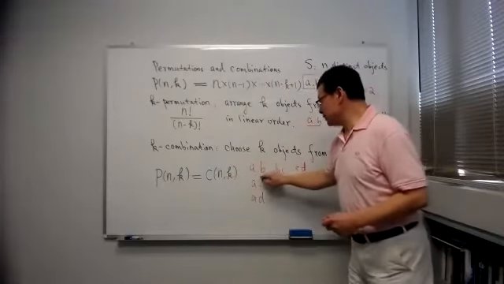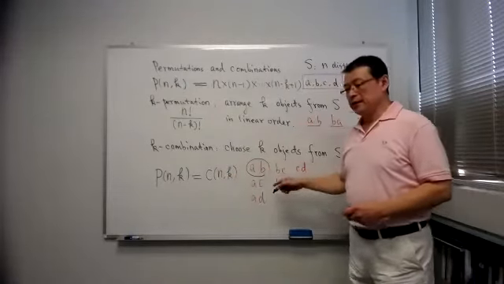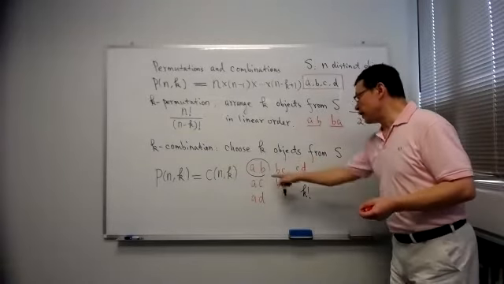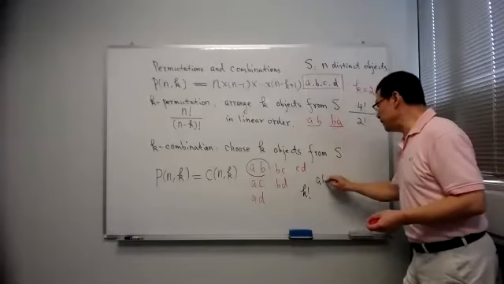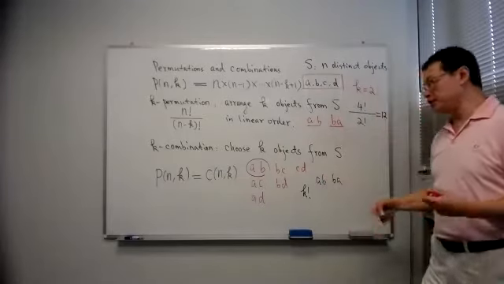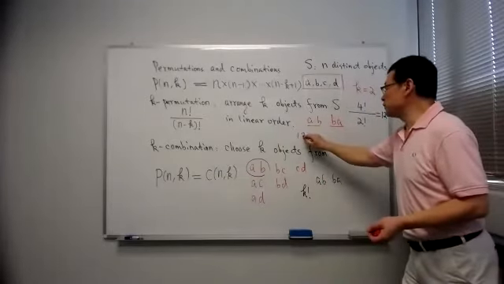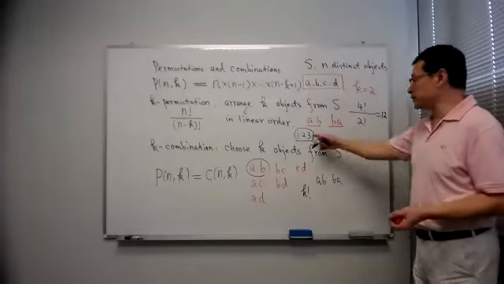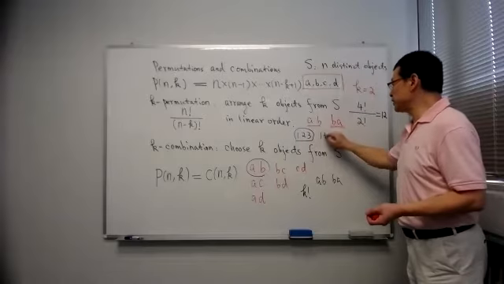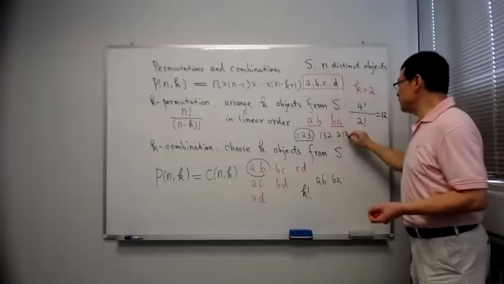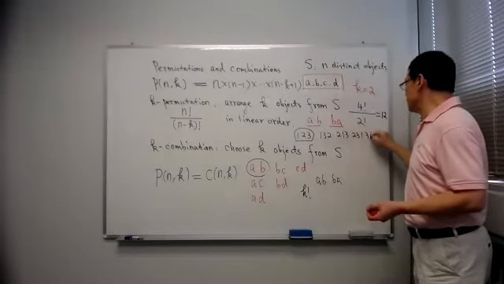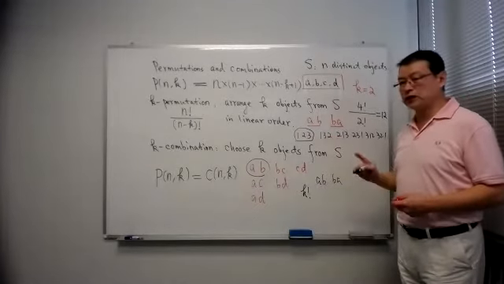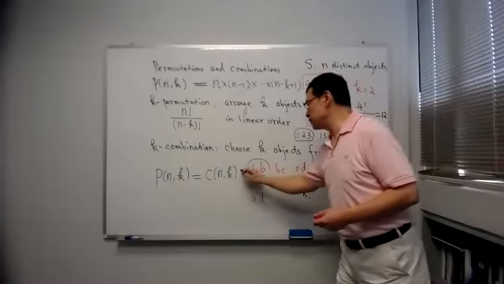Then once we choose, say, these 2 elements, there are k factorial different ways to order them. For 2, there are AB, BA, 2 different ways. If there are 3 elements, say 1, 2, 3, and we choose these 3 elements, there are 6 different ways to order them: 1, 2, 3, or 1, 3, 2, or 2, 1, 3, 2, 3, 1, and 3, 1, 2, 3, 2, 1. Each corresponds to k factorial different permutations.